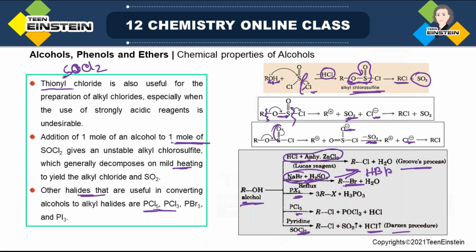Then the next reagent we have seen is SOCl2, and you also have to use pyridine along with it. And the third type is phosphorus halogen reagents. So these are the reagents that we can use for this chemical property of alcohol, which is formation of alkyl halide from alcohol.